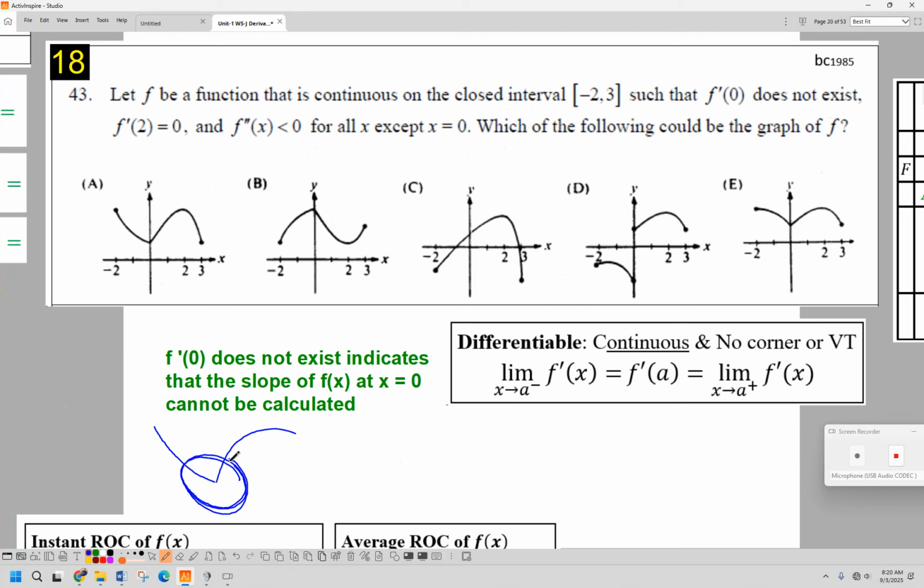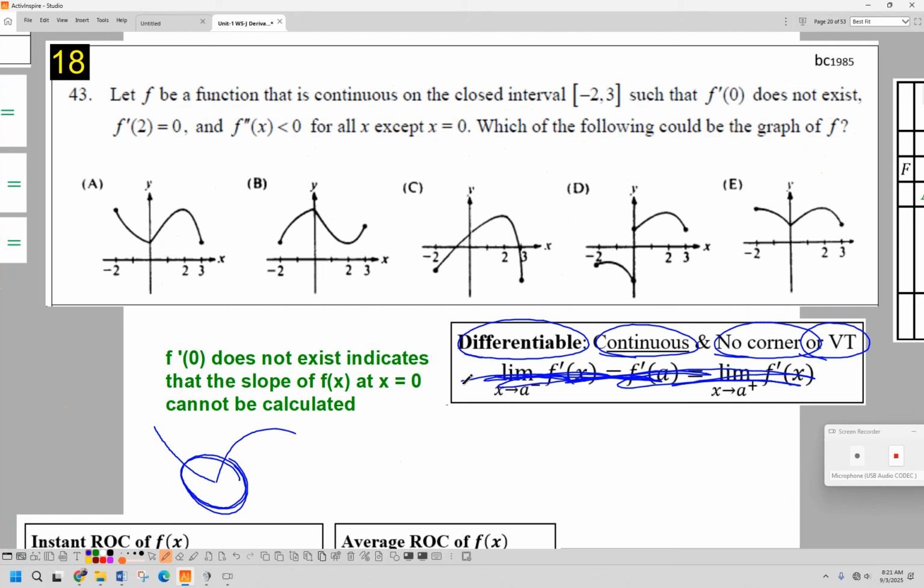A function is not differentiable if there's a corner or a vertical tangent. So for a function to be differentiable, the function must be continuous, and you can't have any corners or vertical tangents. Don't worry about this equation for now. We'll do that in Unit 2. So don't worry about that. You just need to learn the words.